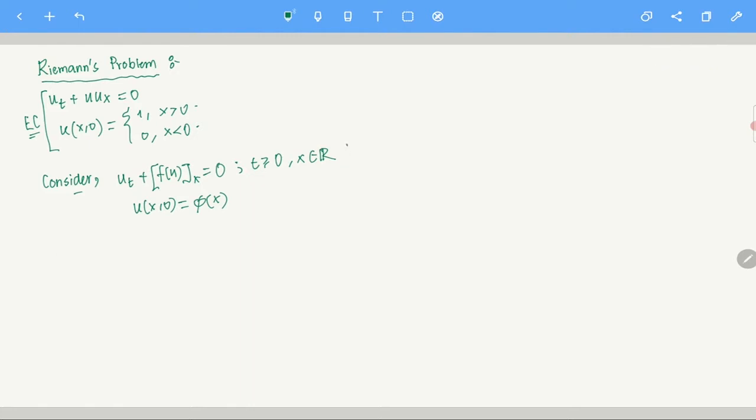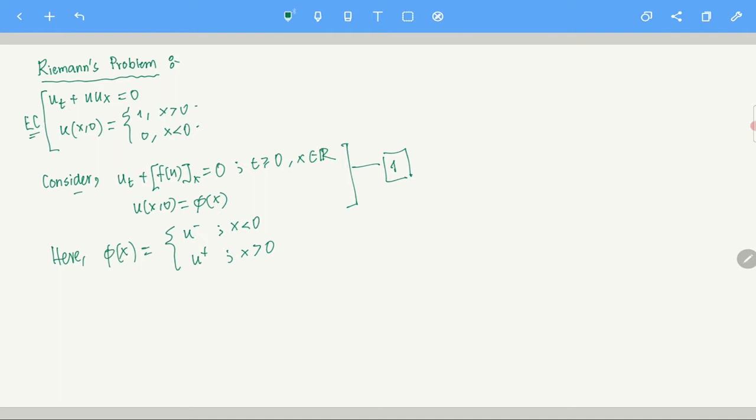Let me number this as 1. Here phi of x is a piecewise constant function. Piecewise constant means u minus for x negative, and u plus for x positive. So from the left I will call it u minus, and from the right u plus. These are just constants.